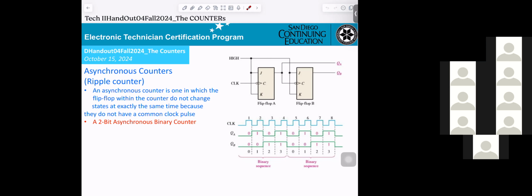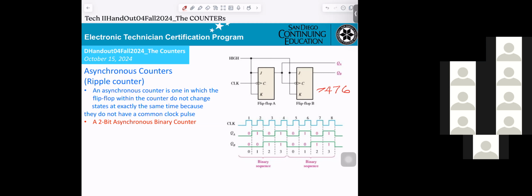Okay, and now that you see the input J, input K, then that will be JK. And now I want to ask you what the part number is. 74 what? 74LS76, right.